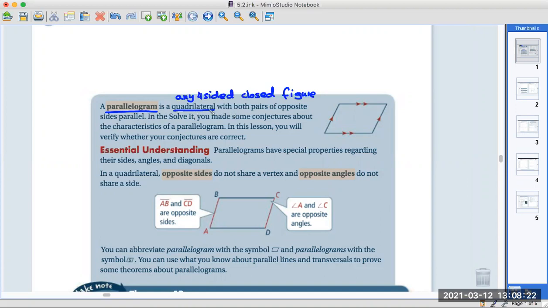So a parallelogram is a quadrilateral with both pairs of opposite sides parallel. So what they're saying is that the opposite sides are parallel. Do you see these little arrows? Those indicate that the lines are parallel.